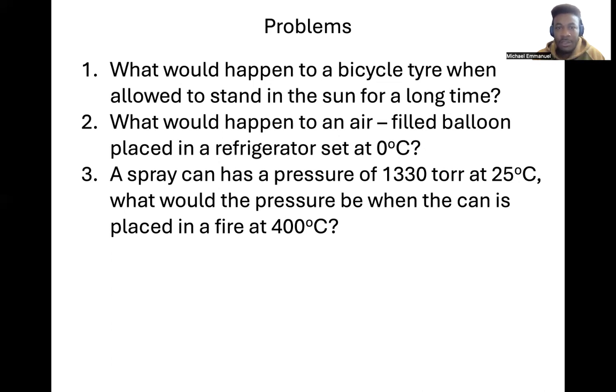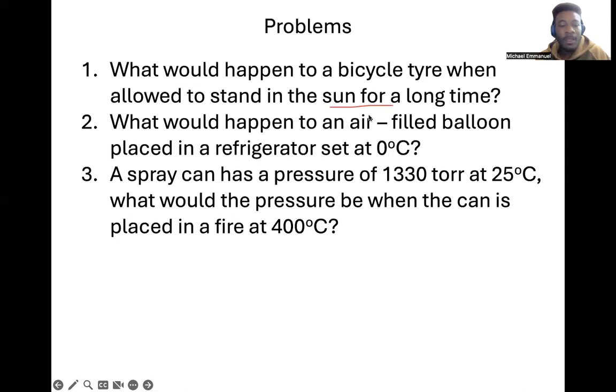As the temperature increases, the atoms and molecules begin to move around faster. This increases the pressure in the tire. Since the tire cannot expand, that is, the volume of the tire is fixed, as the temperature keeps increasing, the tire will explode. So that is what happens when we place the bicycle tire filled with gases in the sun for a long time.